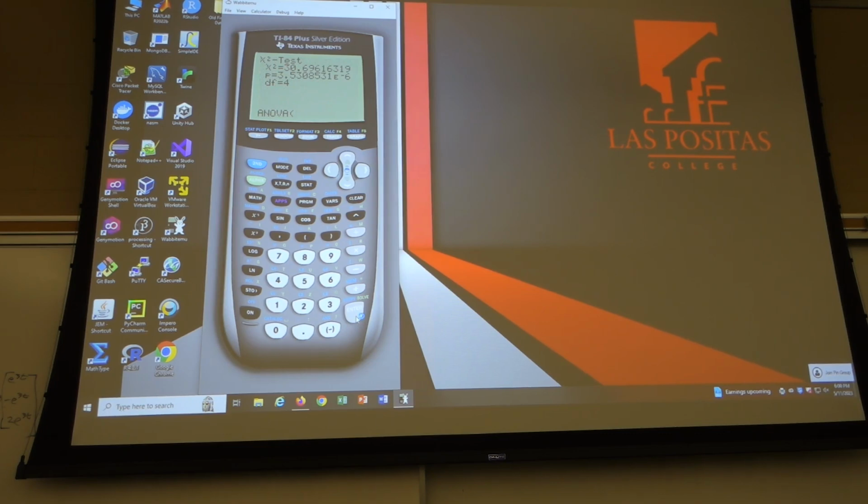It doesn't know how many lists I have, so I have to type them all in. L1, which is second 1, comma, which is above the 7, second 2, comma, second 3. Enter. And there we go. There's my F statistic and my p-value.